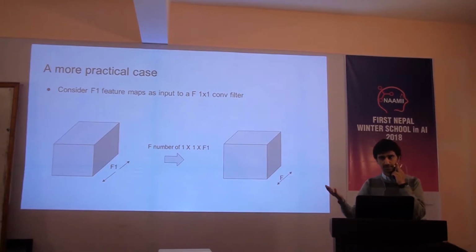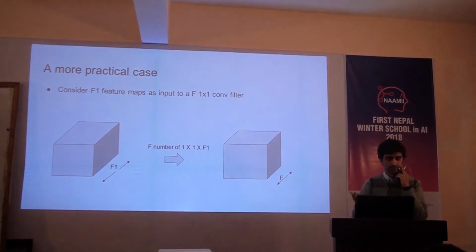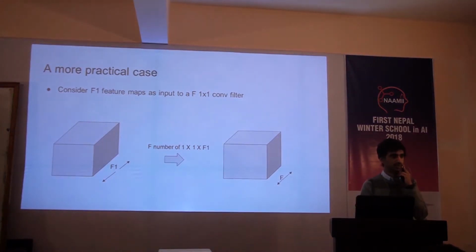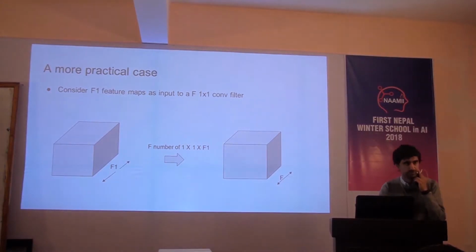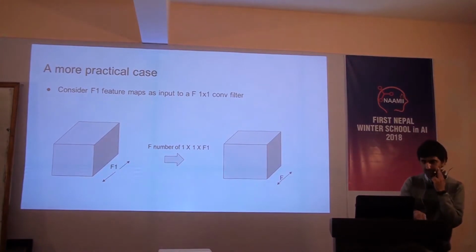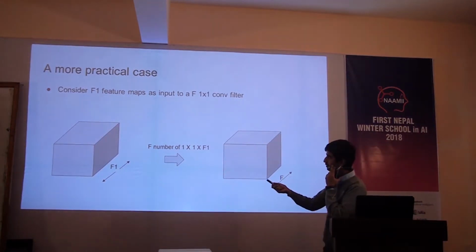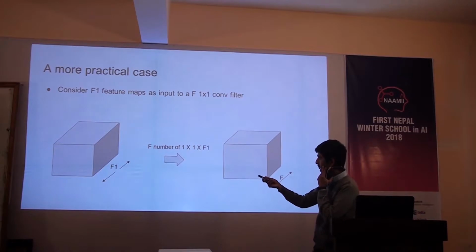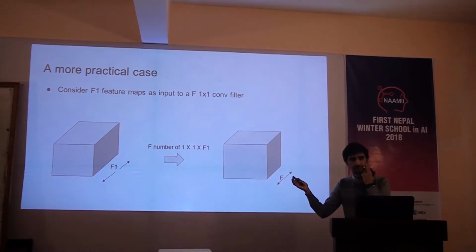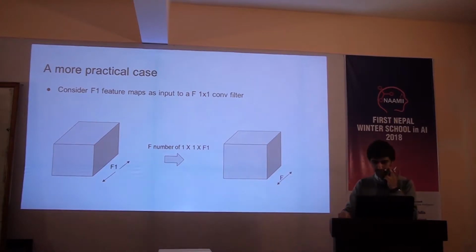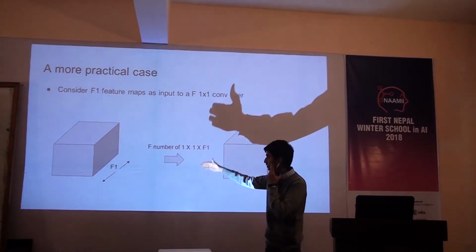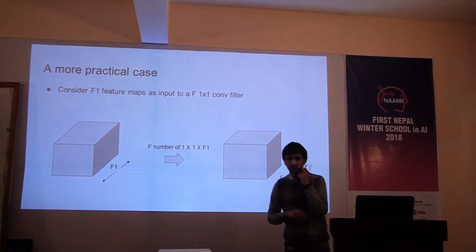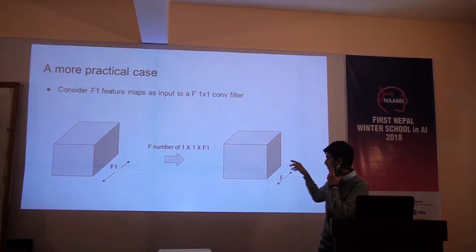It's all about representation, finding the correct representation to classify or to regress or whatever. And here the point is the one-by-one convolution will change the dimension of your input to the output. So for example, if all the F filters were 1, then it would just average out.